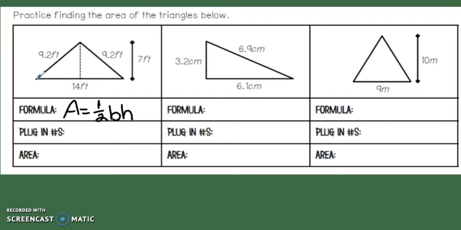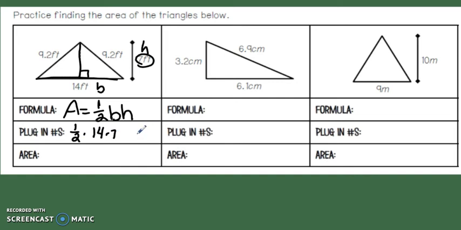So in this case, this line right here will represent your b. And when it makes a 90-degree angle with the height, that is your h. So your h would be 7, and that would be b. We plug in our values, we get 1/2 times 14 times 7.